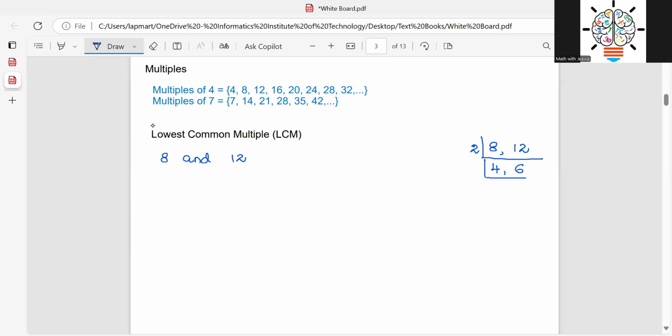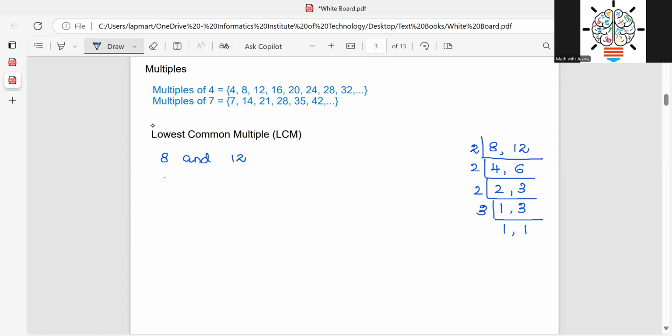Again I can divide by 2: 2 times 2 and 2 times 3. Again I can divide by 2, not both numbers; at least one number you can divide by 2, you divide it. So 2 times 1, and you write 3 as it is because it is not divisible. Then the next step I take 3, and with 1 I don't have anything to do, I just write it as it is.